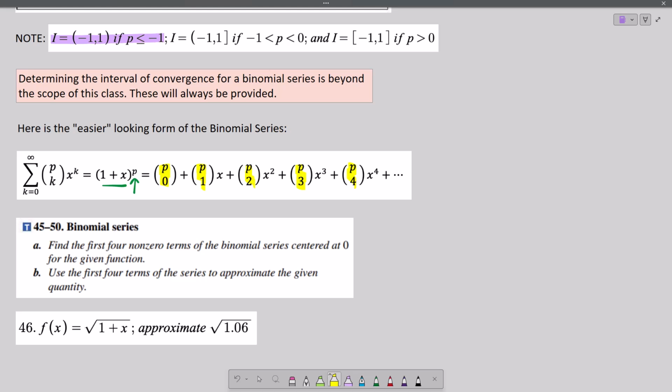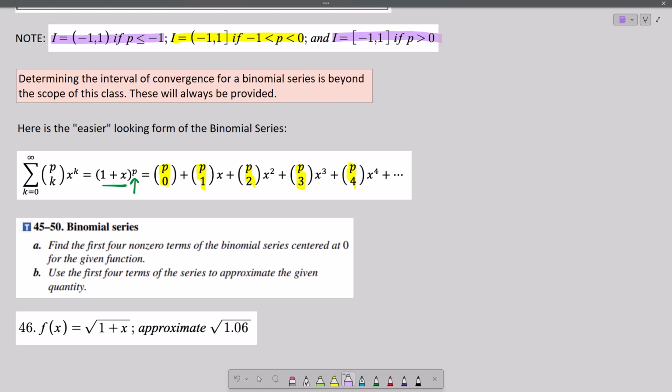We do not have the mathematical ability at this point to even show that these are the intervals of convergence. Take some extra math. Because these binomial coefficients are just weird enough that it takes some very abstract math to get at the interval of convergence for these different values of p. So these will be given to you.